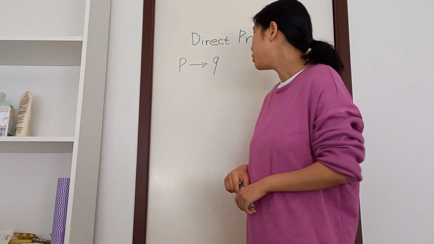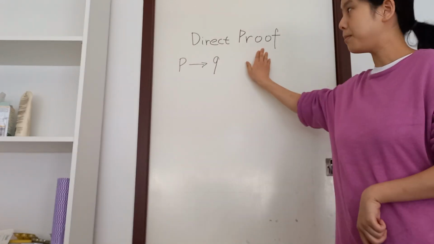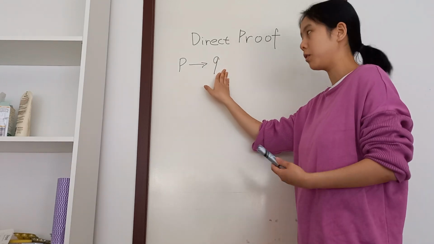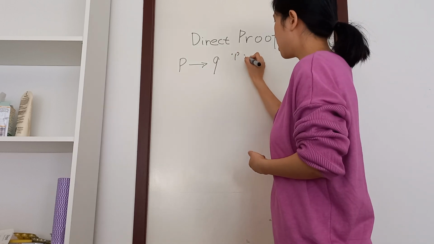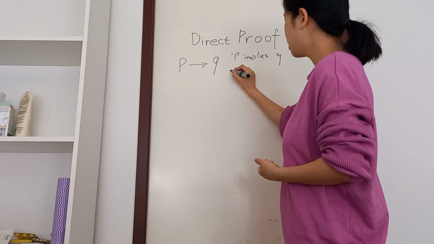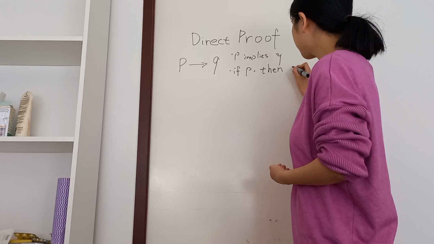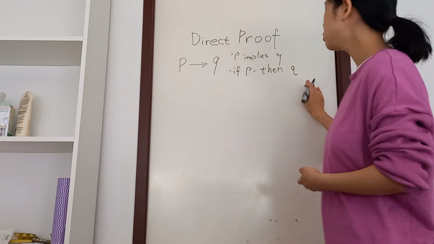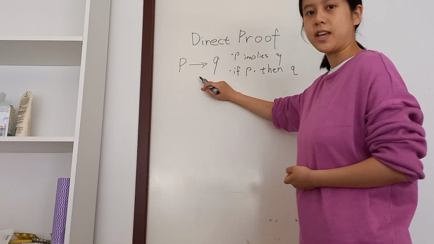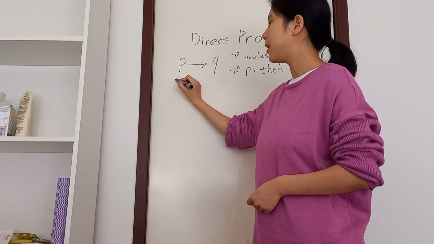So first of all, let's look at what direct proof is. Direct proof is a proof method for when you try to prove P implies Q, or you could say if P then Q. When you're trying to prove this logic statement, the method is always to start from the left-hand side.